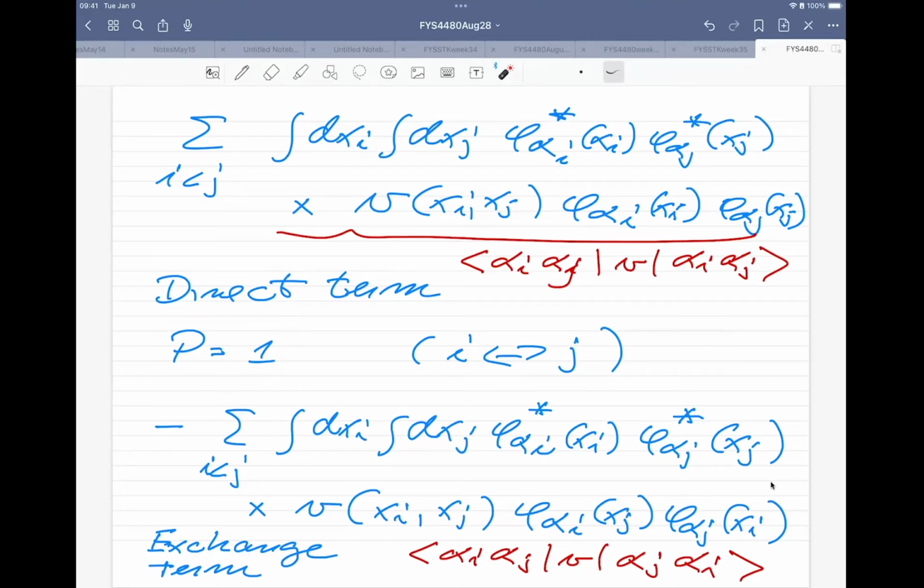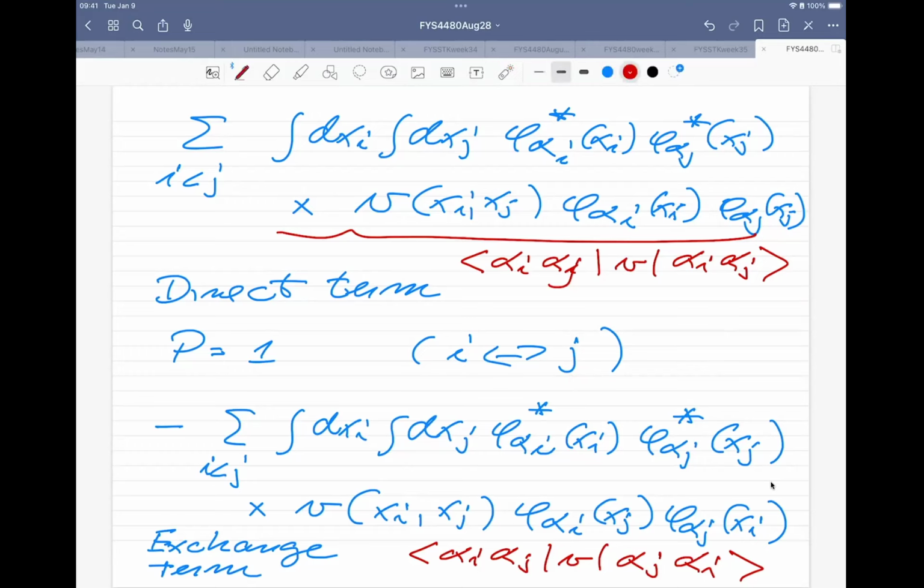And you can see that if you now try to permute or interchange some of the other columns, because the interaction acts only on i and j. So one thing you could do now is to just take particles 1 and 2, write 1 and 2 there. And then if you now interchange 1 and 3, that will give you 0, because you will have an integral which now contains a quantum number which is different from the one when you integrate over x2 and x3, etc. So it's pretty easy to see that.